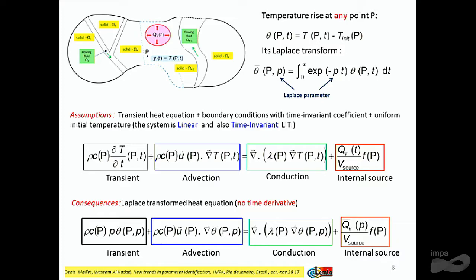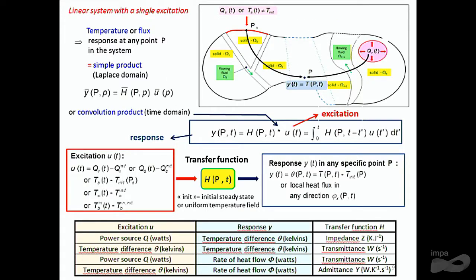Everything is proportional to the source, QV bar. So in that case, we can write the response at any location in Laplace space as a coefficient, which is the Laplace transform, multiplied by the transform of the excitation. It's a simple product in the Laplace domain.